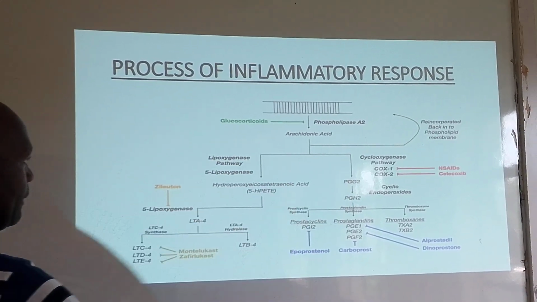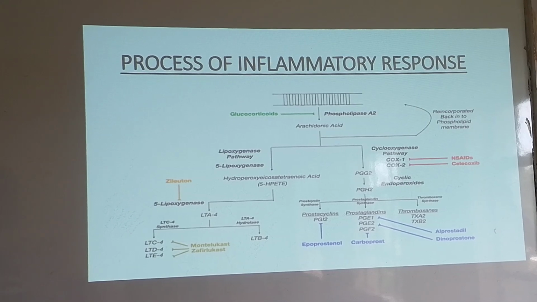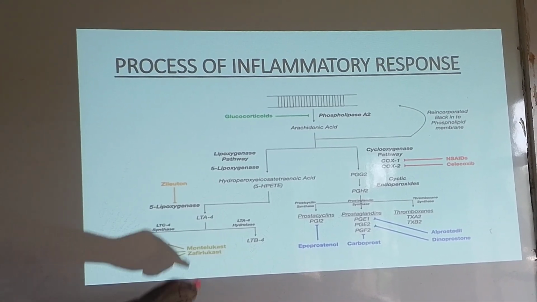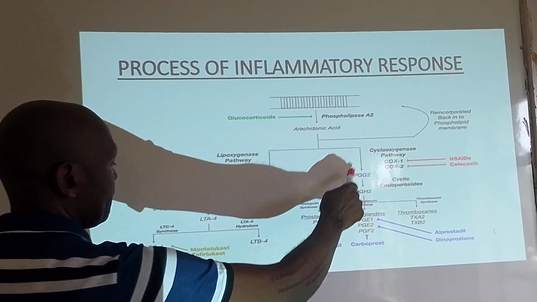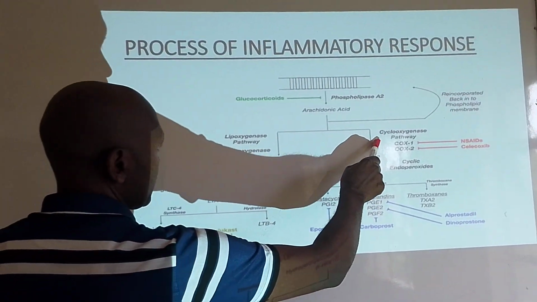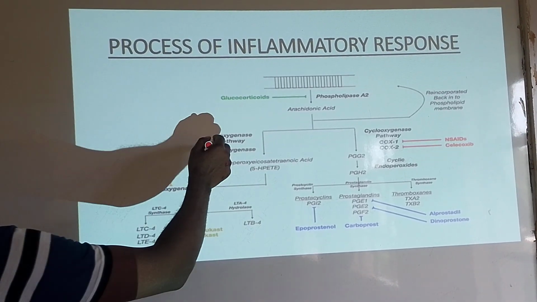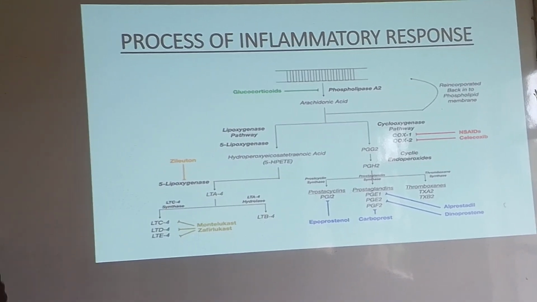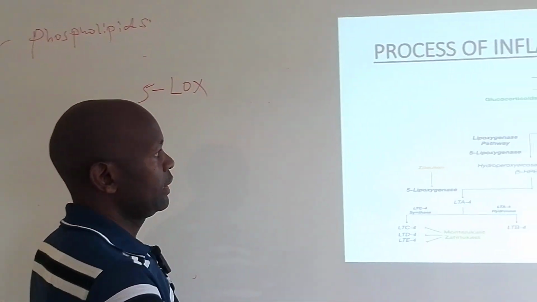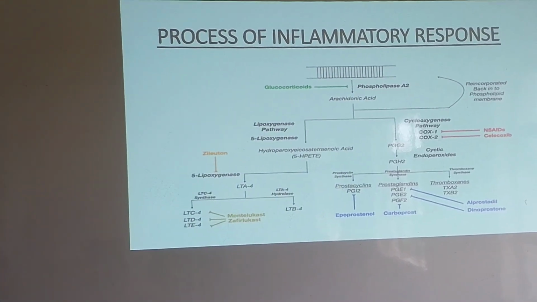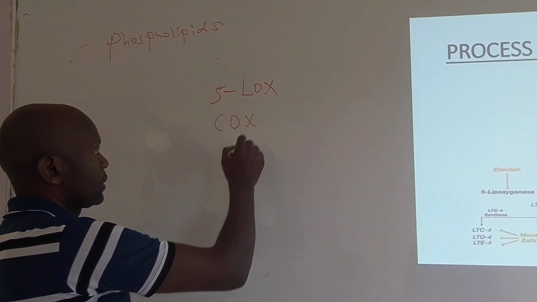This pathway is what we call lipoxygenase pathway, that is 5-lipoxygenase. And then this pathway is what we refer to as cyclooxygenase pathway. So this pathway sometimes is abbreviated as 5-LOX, while the second one is normally abbreviated as COX.